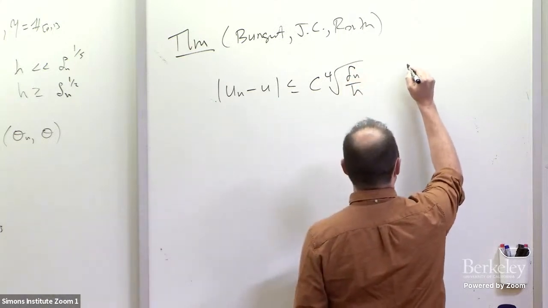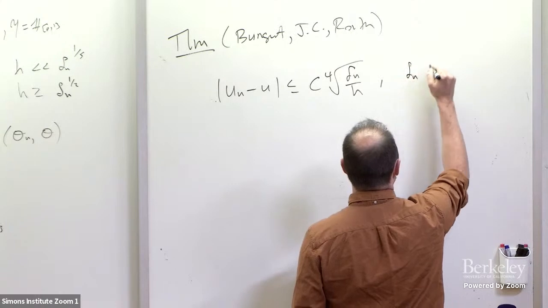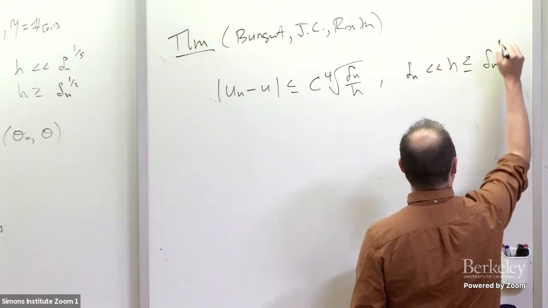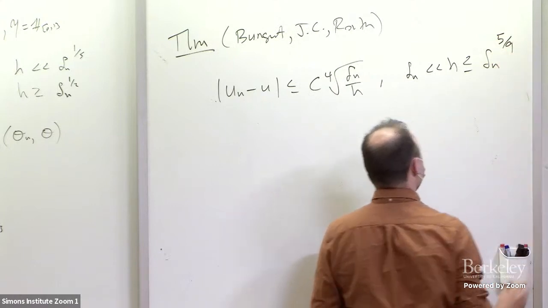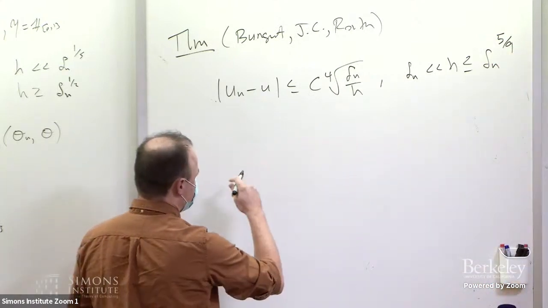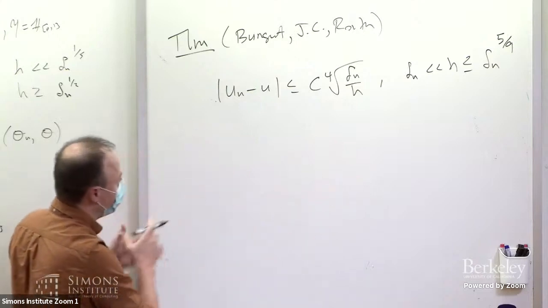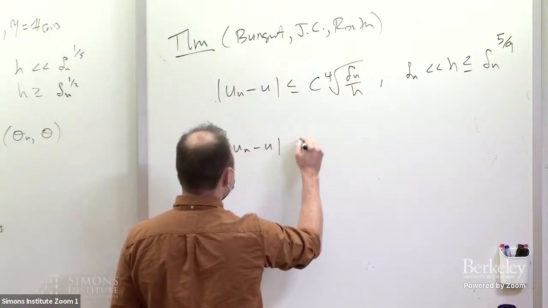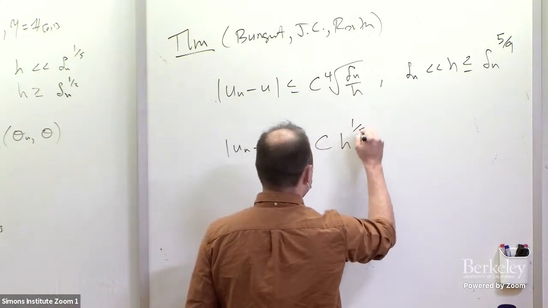And this is for delta n much less than h, less than delta n to the 5/9. And we do have a rate in the larger length scale regime, and it's just h to the 1/5. These very small length scales are what we're interested in.